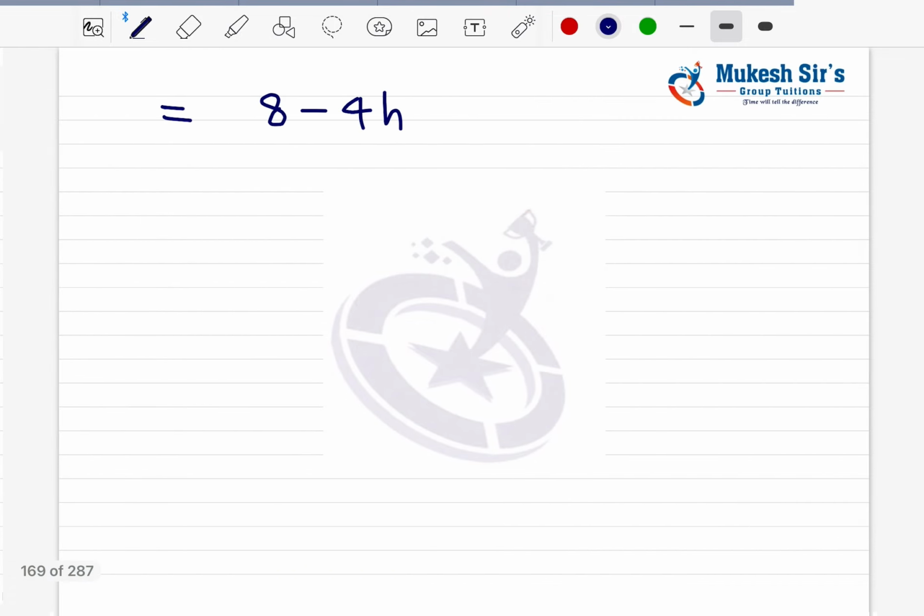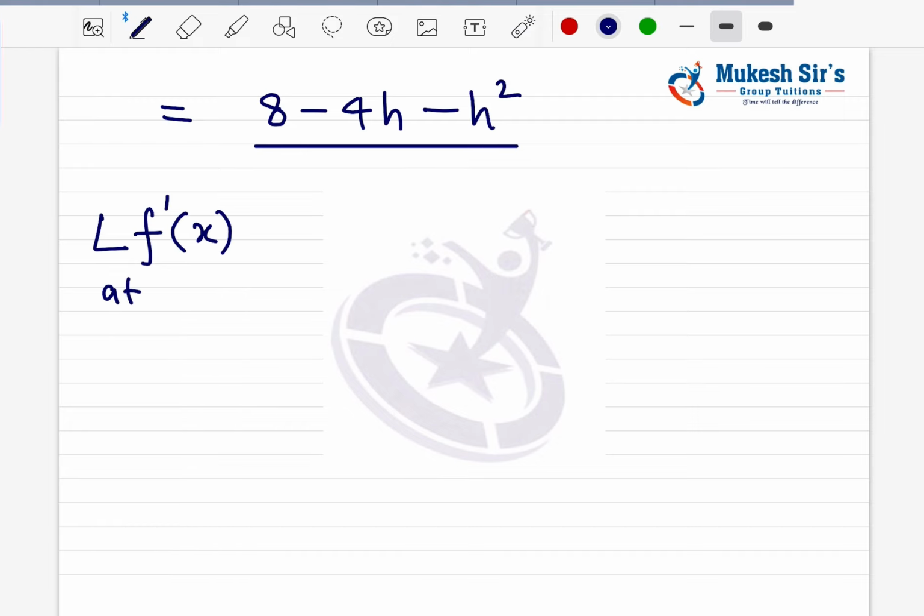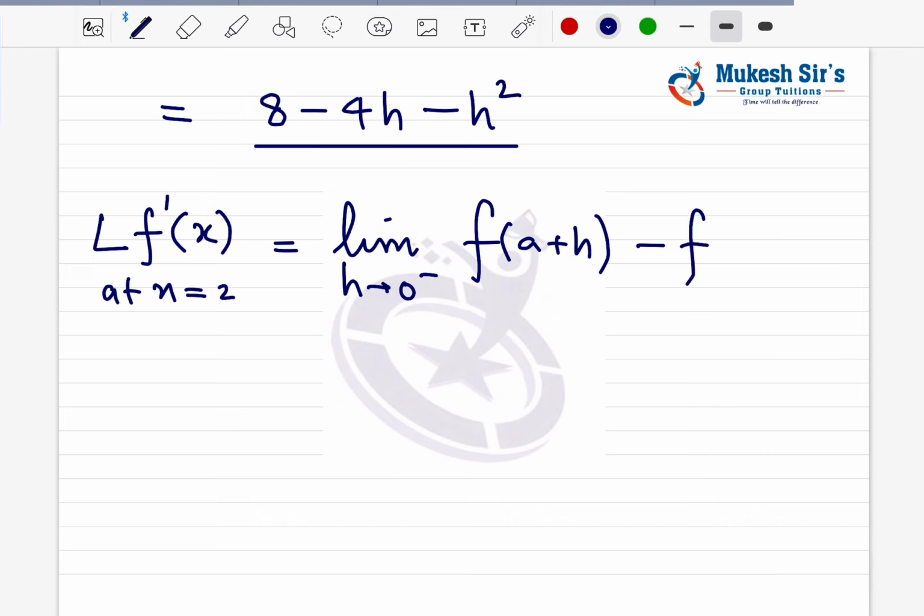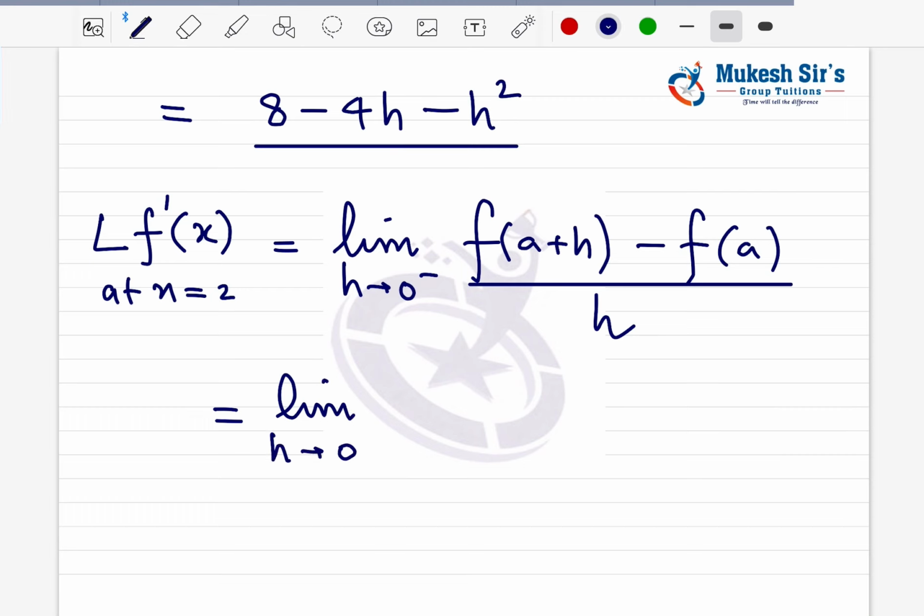So I'll find the left hand limit of f dash x at x equal to 2, which will be equal to limit of h tends to 0 minus, f of a plus h minus f of a, the whole divided by h. So I'll put the values here. Limit h tends to 0. F of a plus h, I got 8 minus 4h minus h square, minus f of a. F of a is 8, the whole divided by h.